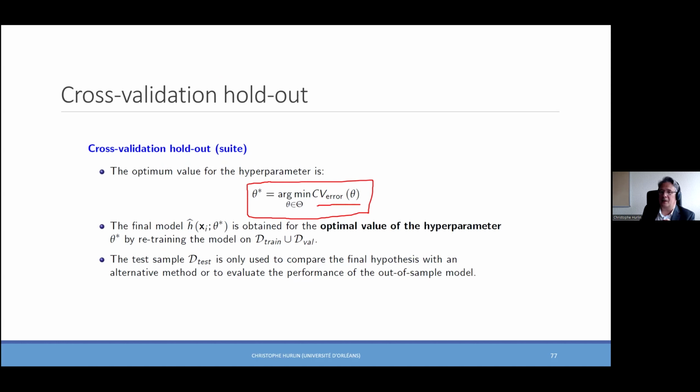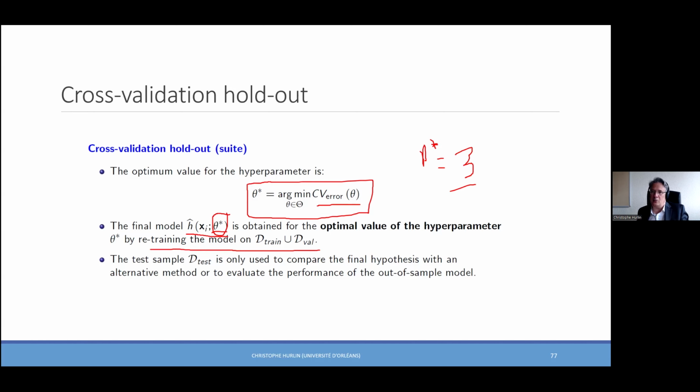Then I know that, for instance, P star is equal to 3. I train the final model with the optimal value of the hyperparameters on the train and validation data set.